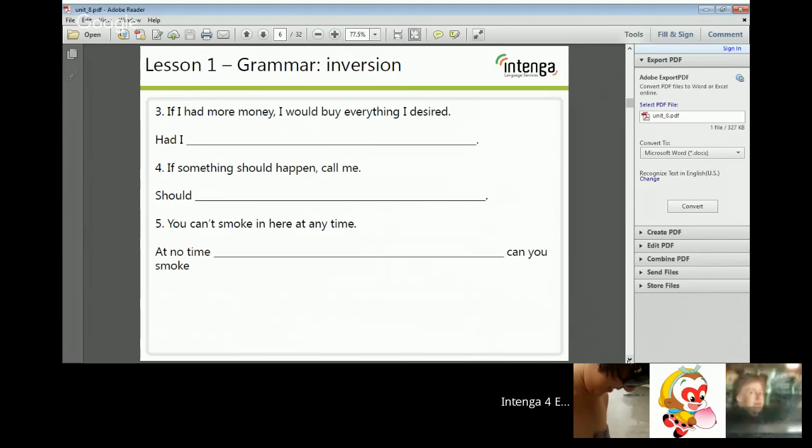Go ahead, Ken. Had I more money, I would buy everything I desired. Very good. Had I more money, or had I had more money, I think I would add that. I would buy everything I desired.